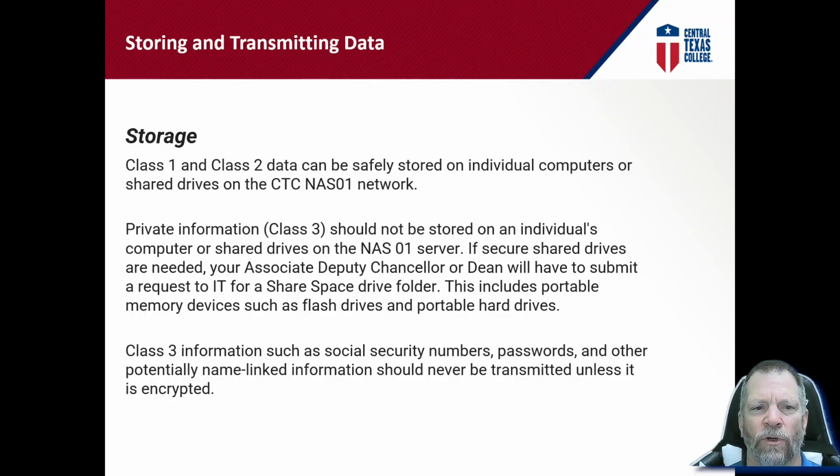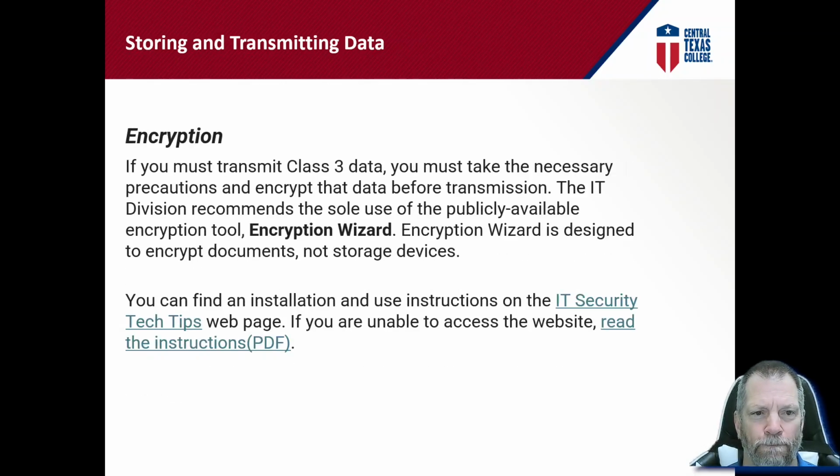This includes portable memory devices such as flash drives and portable hard drives. Class 3 information such as Social Security numbers, passwords, and other potentially name-linked information should never be transmitted unless it is encrypted. If you must transmit Class 3 data, you must take the necessary precautions to encrypt the data before transmission.